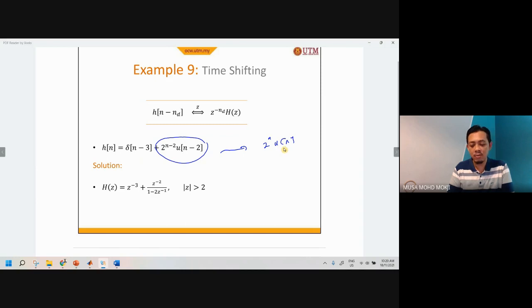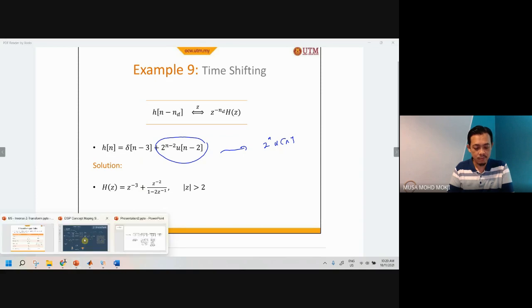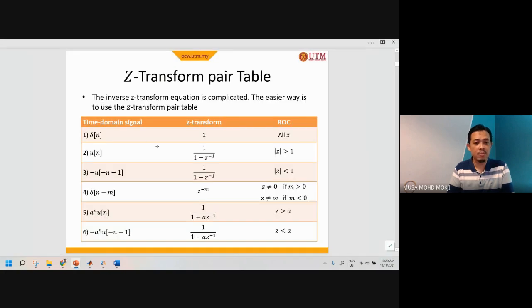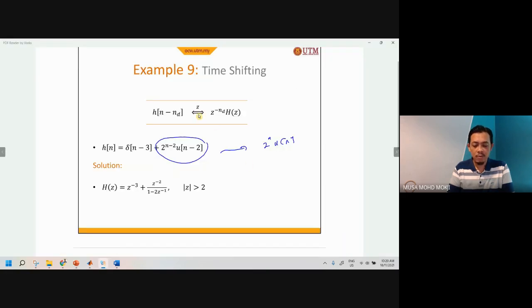So this is where you're going to use pair number 4. But because we have a delay, it's not enough to use only pair number 4. You need to combine this pair with this property from the properties table.